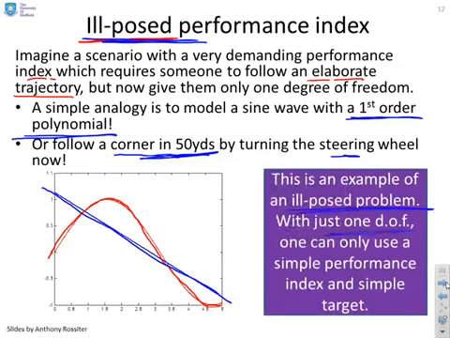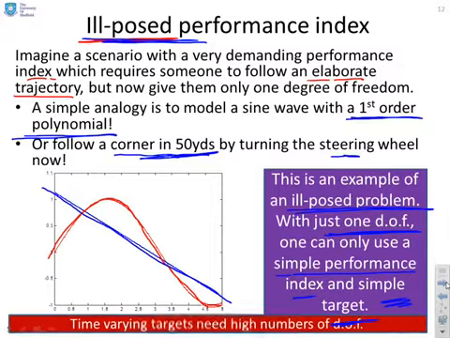If you've just got 1 degree of freedom, which is what I've given here, so you've got a straight line or just turn the steering once and that's got to be now, then you can only have simple performance indices and simple targets. Okay, so if you've got low numbers of degrees of freedom, you must have simple performance indices and simple targets, because otherwise what you're trying to do will just not make sense and you could end up with an arbitrary result.